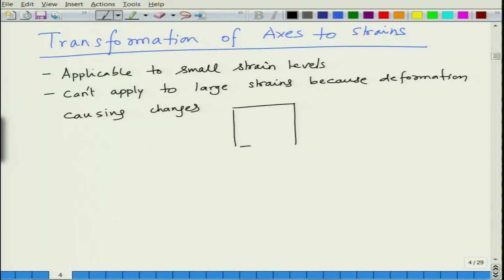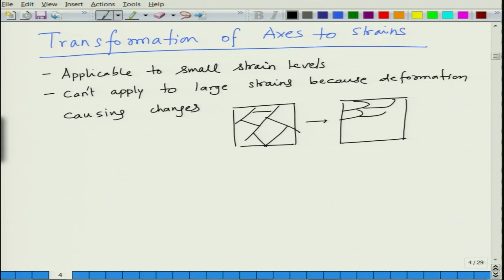So, for example, in the beginning your grain structure may be something like that, and each grain has a different crystalline orientation, and when you extend large deformation, the grains may become like this. So, they may become oriented.